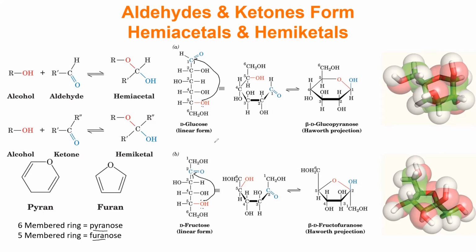When we cyclize our sugars, the numbering of the carbons stays the same as in the linear form. If we look at the linear form of glucose, here we have an aldehyde. Our carbonyl carbon will be carbon number 1, and you just move down the chain: 1, 2, 3, 4, 5, 6.